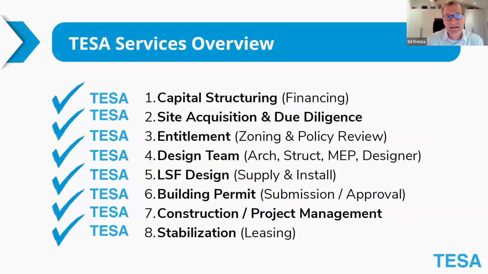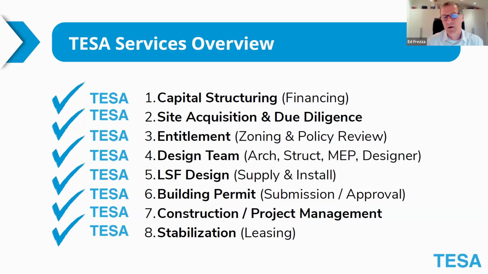So in terms of our overview of what we provide, basically we provide the whole gamut, the whole services, with the exception of the legal and accounting. So from capital structuring, the financing, specifically with CMHC MLI Select on the takeout, but also with the CMHC financing for construction. We can help with the site acquisition and due diligence, the entitlement, which is the zoning and policy review, and the massing.